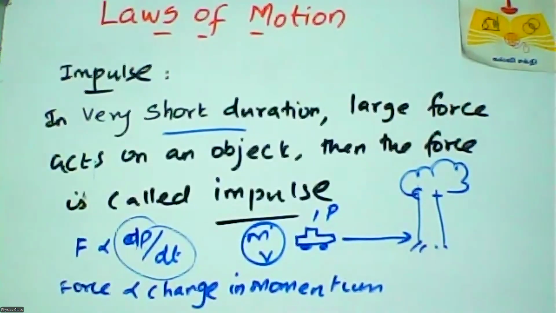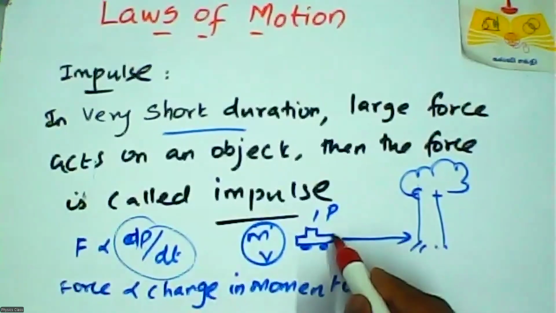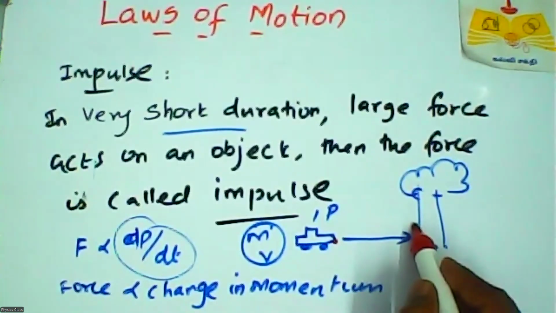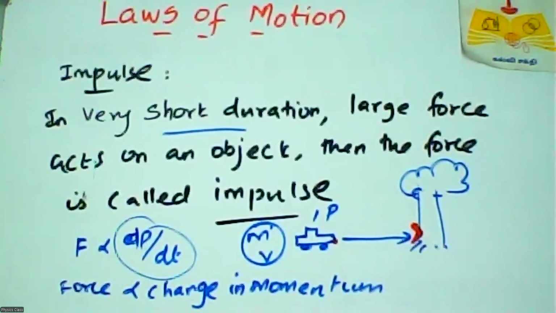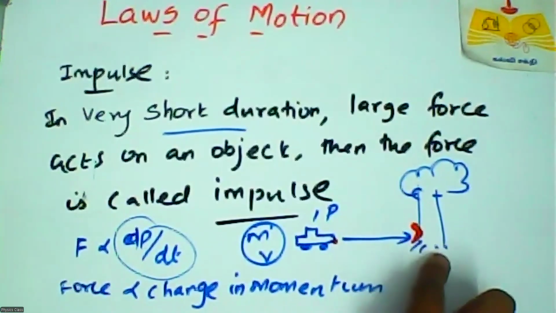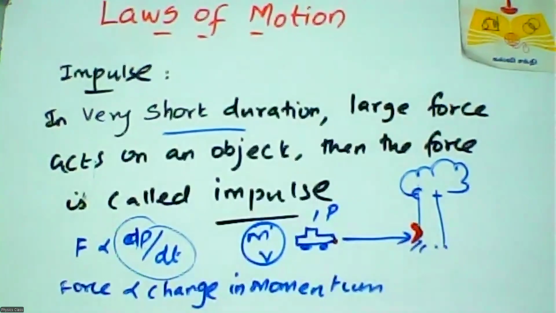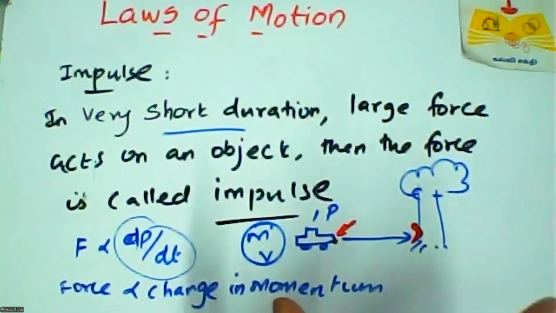When this bus or vehicle hits the tree, what will happen? The tree gives some force on that object. Moreover, the tree is at rest.